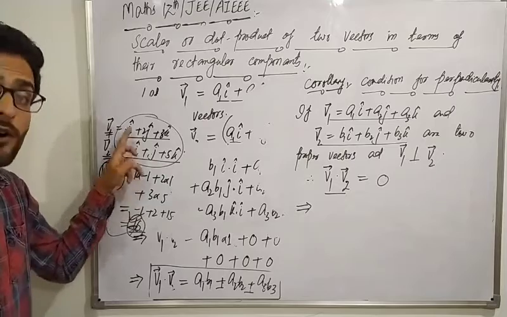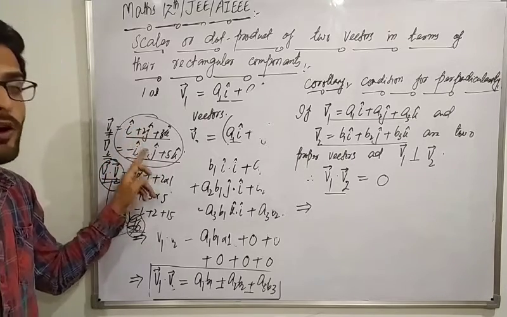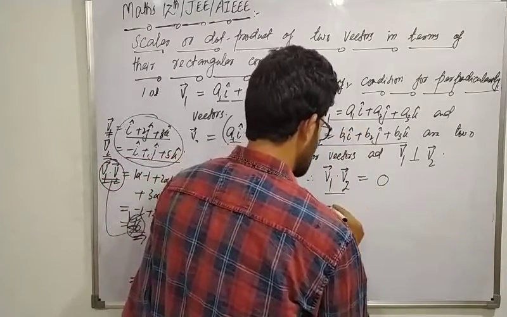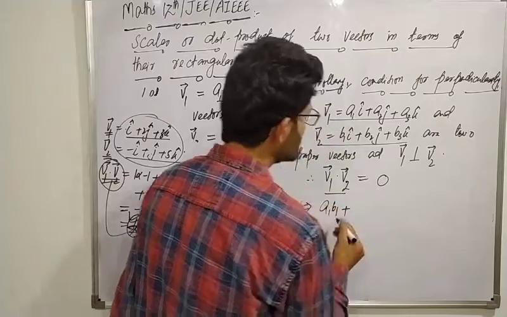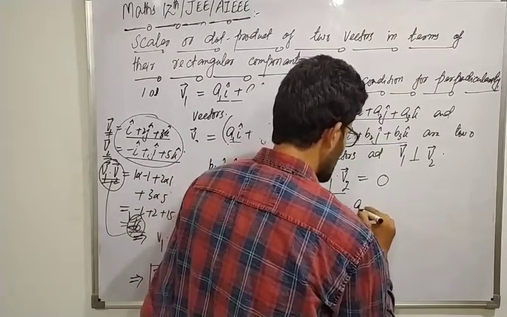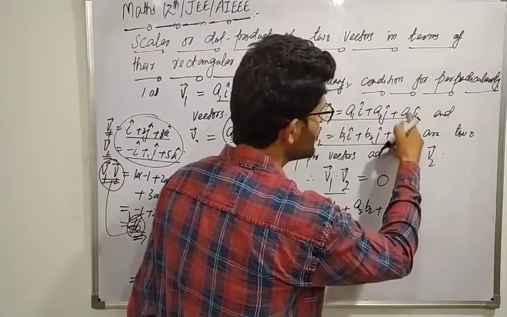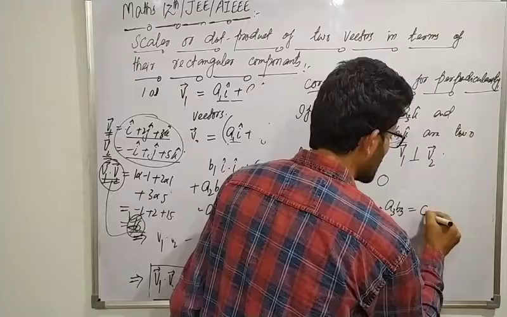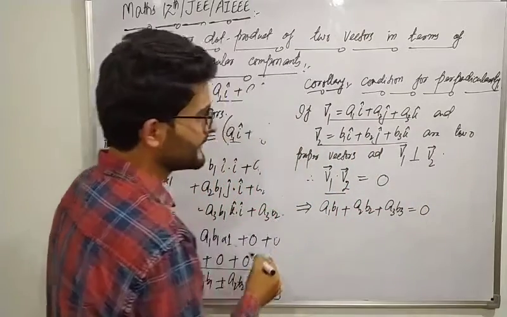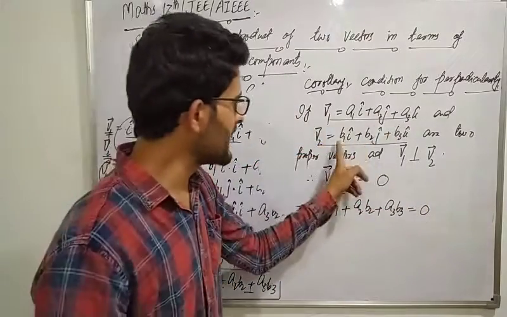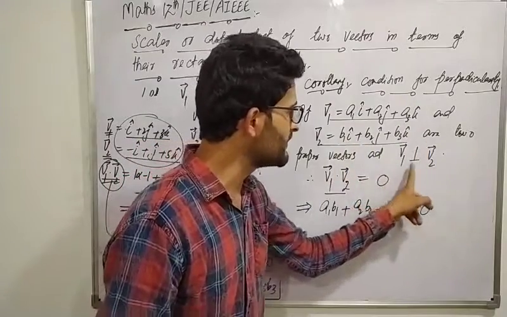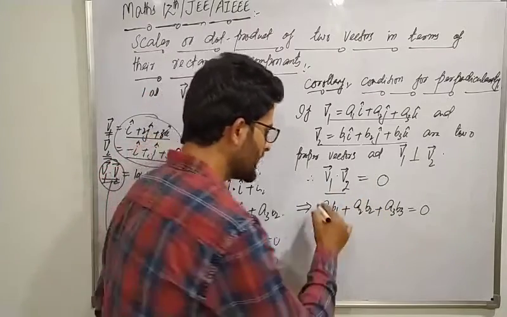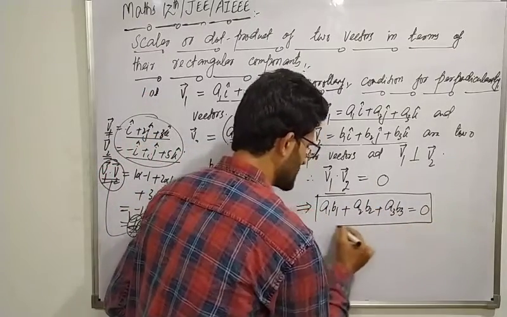Sum of products of their corresponding scalar components, corresponding rectangular components. तो यहां पे क्या आएगा जिगरा? a1 b1, तो इंप्लाइज a1 b1 plus a2 b2 plus a3 b3 is equal to 0. So that is, if v1 equal to this and v2 equal to this are two proper vectors and v1 is perpendicular to v2, then obviously their dot product is 0, and obviously a1 b1 plus a2 b2 plus a3 b3 is equal to 0.